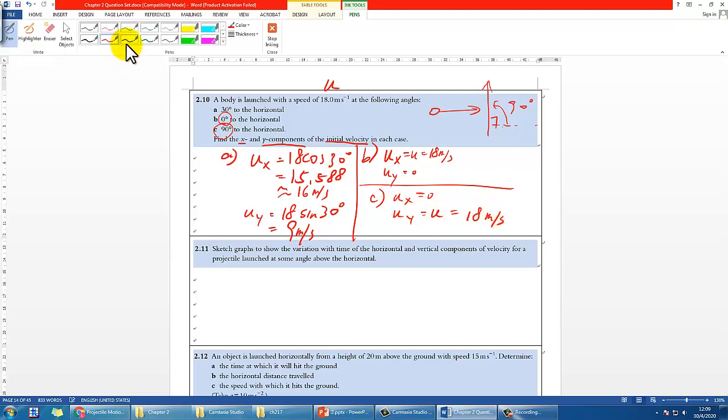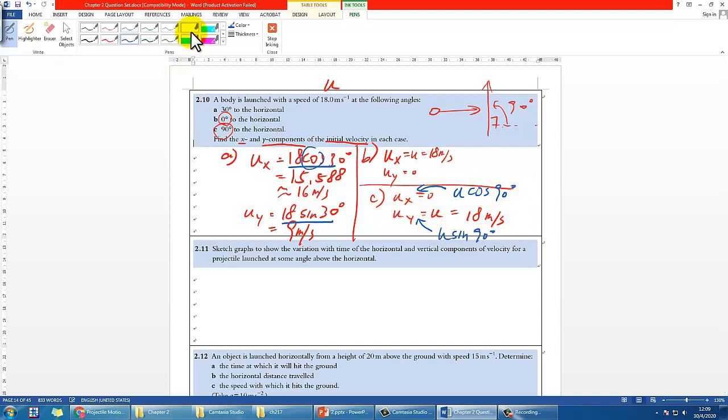Of course, if you really want to do it the computer or robotic way, you can still plug into the equation. ux is u cosine, right? So u cosine 90 degrees, and then for uy for part C it is u sine 90 degrees.